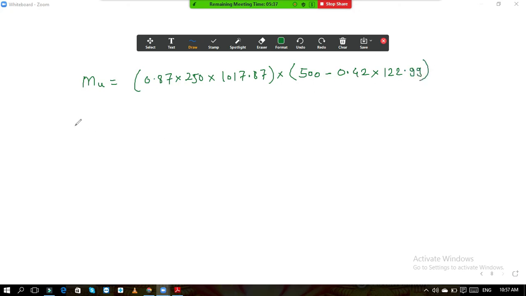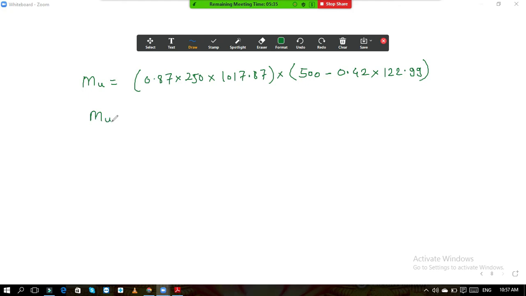Therefore, MU is equal to 0.87 into fy, which is 250, into Ast, which is 1017.87, into Z. The value of Z is d minus 0.42 xu, so effective depth 500 minus 0.42 into xu, where the value of xu we calculated is 122.99.